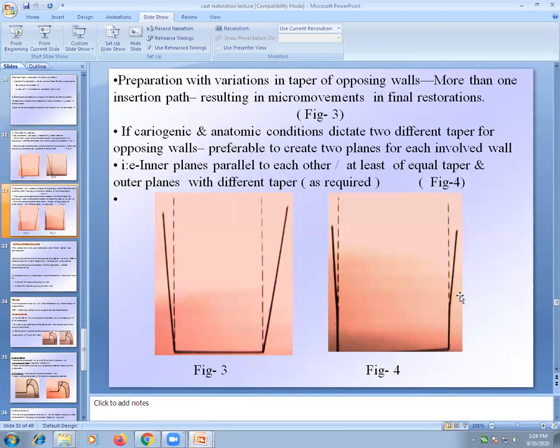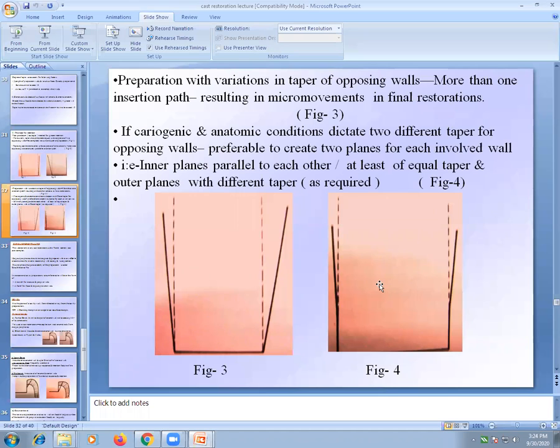But you cannot give an uneven taper. Here the taper is less, here more taper, more divergence is given, right? So what happens, this will cause more paths of removal in the wax pattern fabrication, and there will be loss of retention in the final castings.